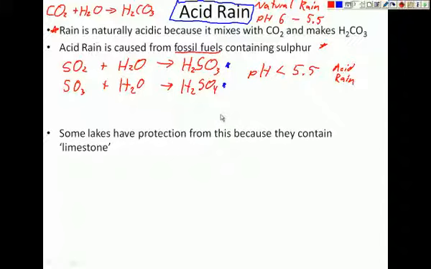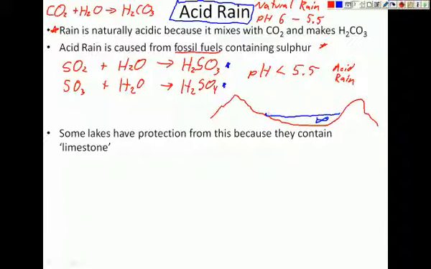Sometimes you get systems like lakes, and there are usually mountains or hills beside lakes, so you have these lakes in valley areas like this. Inside these lakes live very happy fish.